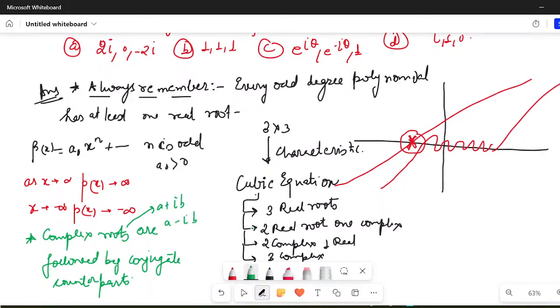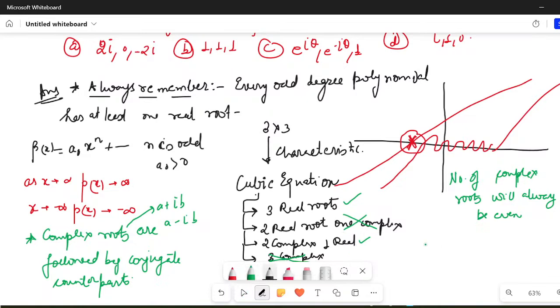So always remember, the number of complex roots can only be even. So 3 complex roots cannot be the case. Forget about it. 1 complex root cannot be the case. So for a cubic, either there can be 3 real roots, or 1 real root and 2 complex roots. So from here also you can see that 1 real root is guaranteed.